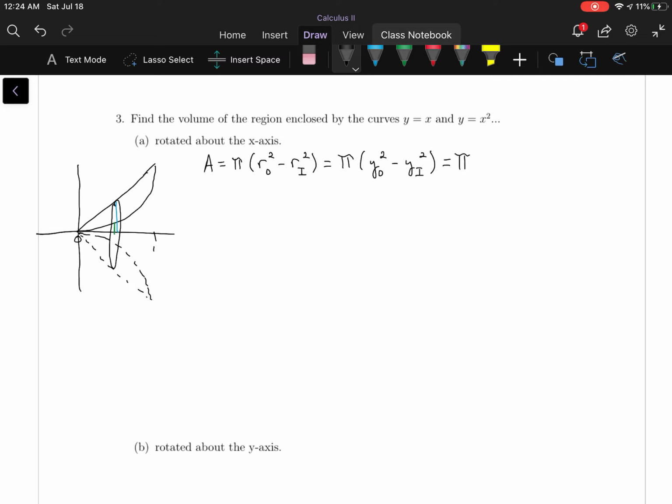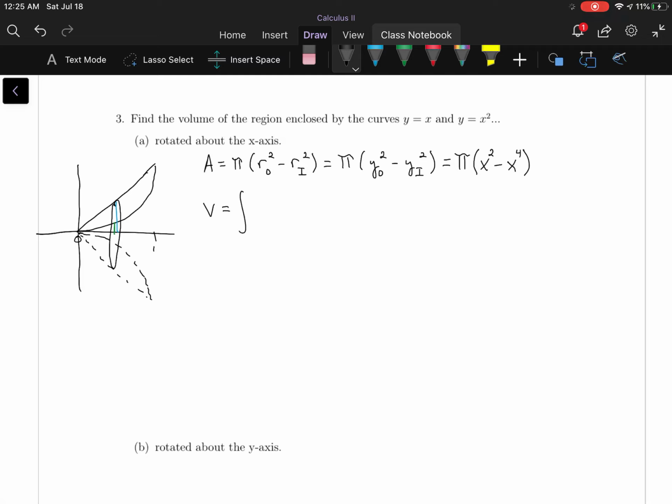And now substituting in the appropriate functions in the right places. The outer radius goes up to y equals x, so this is x squared. And the inner radius is y equals x squared. So this is going to be x squared squared, which is x to the fourth. And that is the area function that we want to integrate.